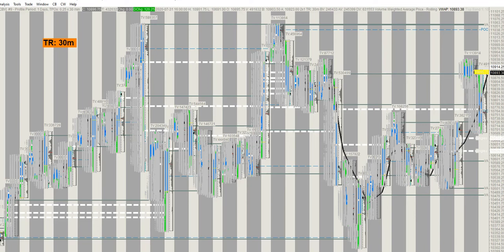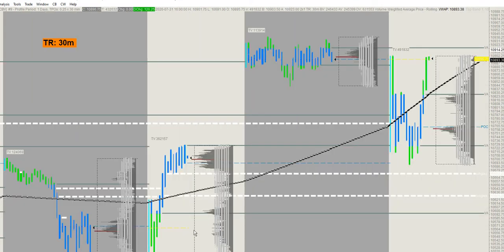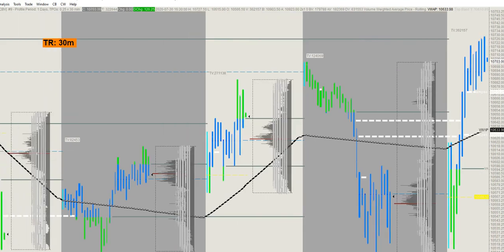So now we're going to start by identifying single prints, okay? On my platform here, for some reason I'm getting all these weird lines, which I didn't put myself. Let me just get this fixed here. So this is July 29th.